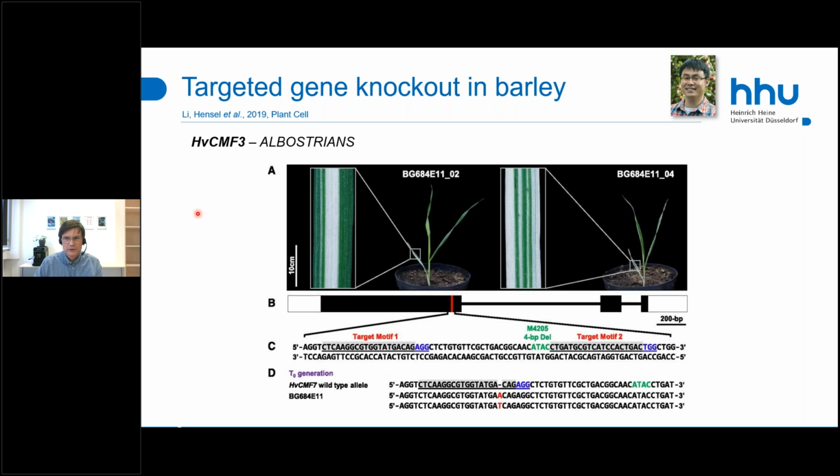It has been described already in the 1950s, but until a few years ago, the responsible gene was not known. And it was famous because it gives this variegated striped leaf phenotype. The group of Niels Stein identified this gene via TILLING. And the TILLING mutant contains a 4 base pair deletion here in this position.